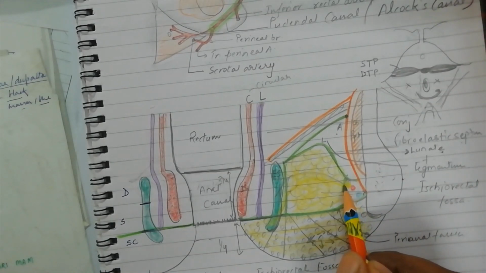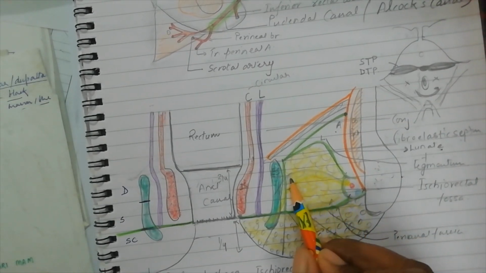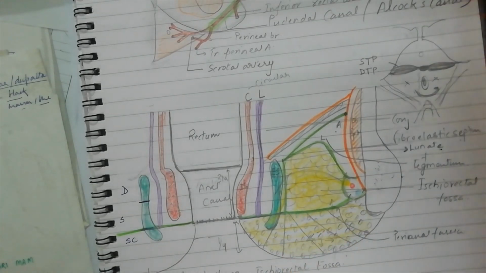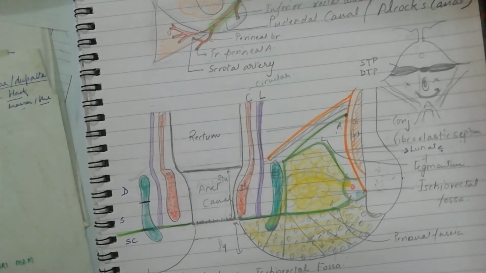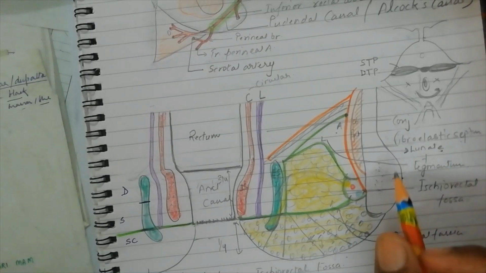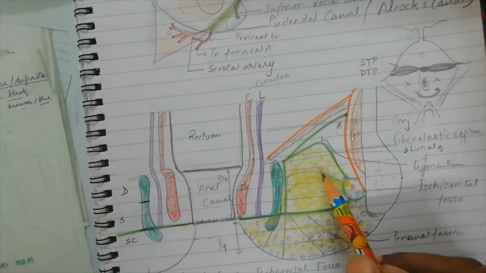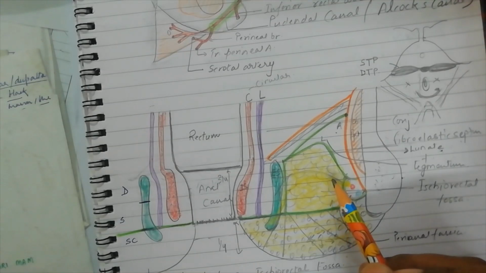Inferior rectal nerve crosses this fossa from lateral to medial side. Then there is one more applied importance of this region, that the ischiorectal fat is predominantly very fibrous and it's poor in blood supply.